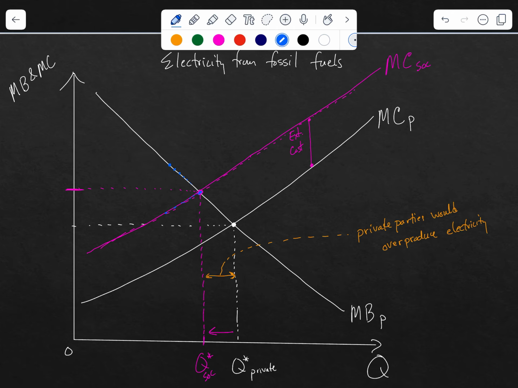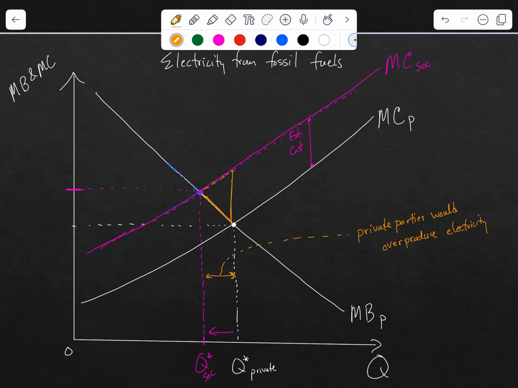The marginal benefit of the last unit produced is still equal to the full cost, including the external cost, the costs on the environment. But when we go beyond that, people are getting values for electricity that are in this section right here, that I'll highlight in that orangish yellow color. That's the benefit of those last units of electricity. And the full cost of those last units is shown on the pink line, right?